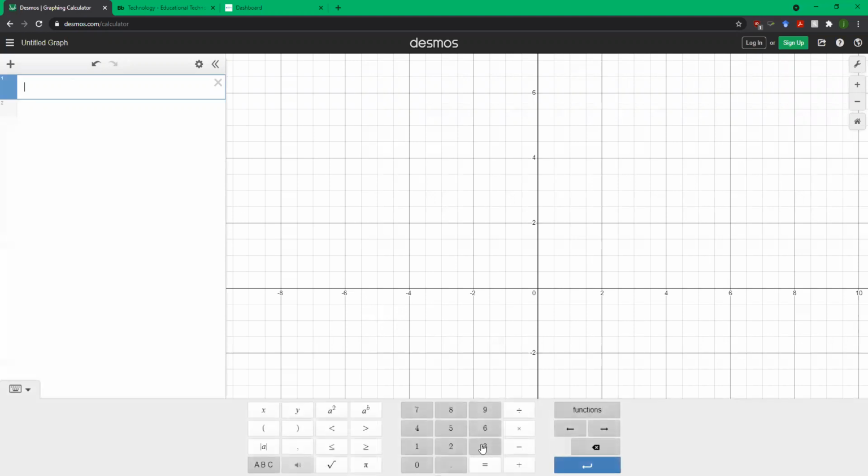We have 3 left parenthesis 1 divided by 2, go out, use the right arrow key to leave the denominator, right parenthesis, a to the b. We're going to need left parenthesis to make sure our x plus 1 stays in the exponent. And then leave the exponent using this right arrow key, minus 2.